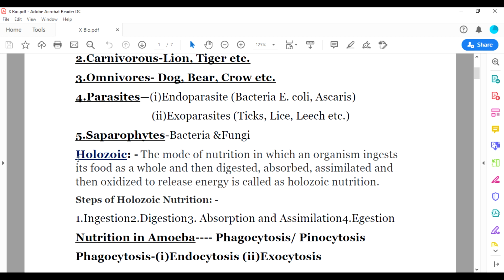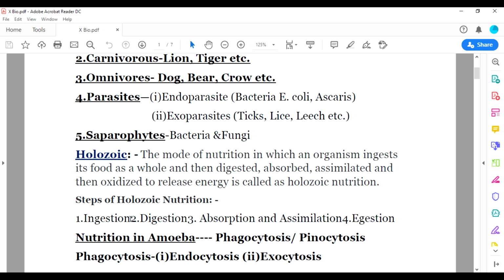This process of nutrition is completed in 4 steps. It means all holozoic animals follow these 4 steps under nutrition.